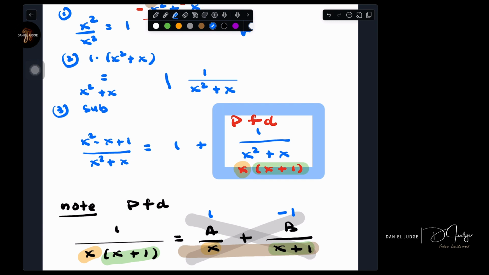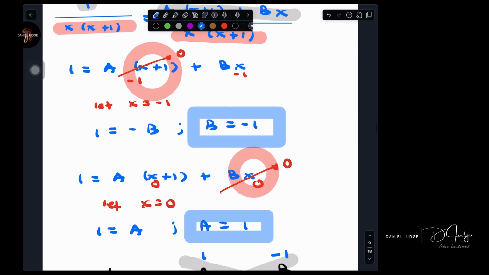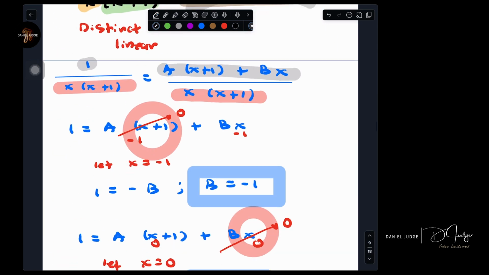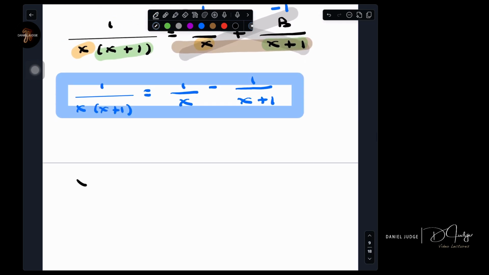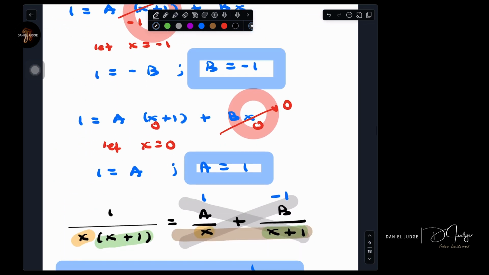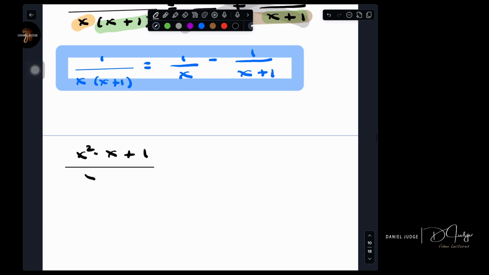Don't forget, we have the constant 1 to add. So, all together now, if we go back to the original, x squared minus x plus 1 over x squared plus x, we get 1 over x minus 1 over x plus 1.